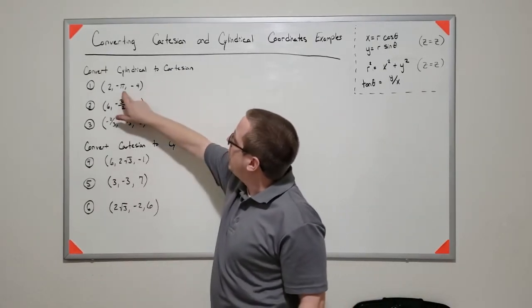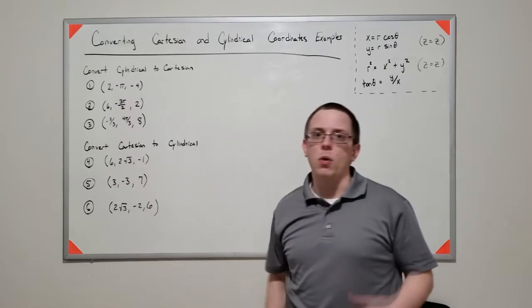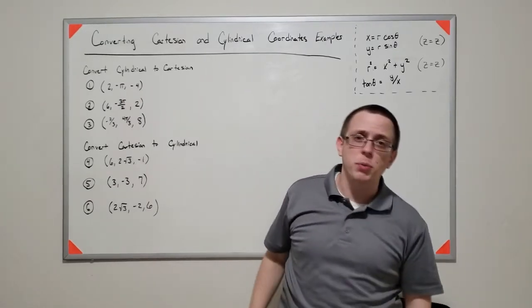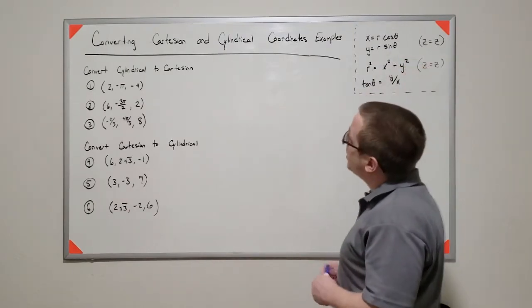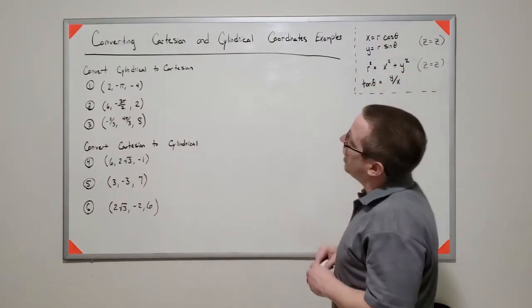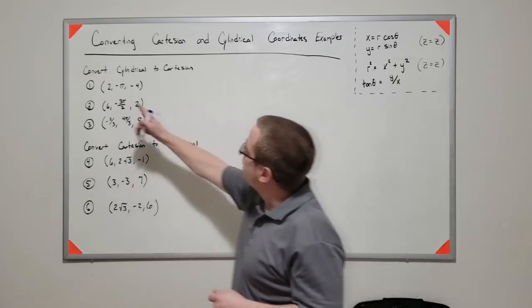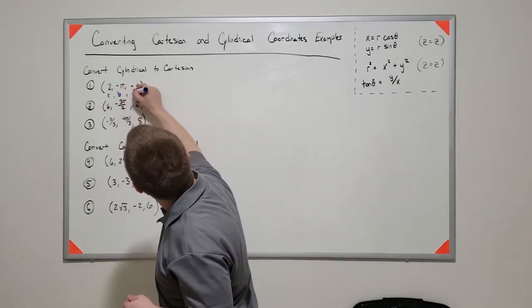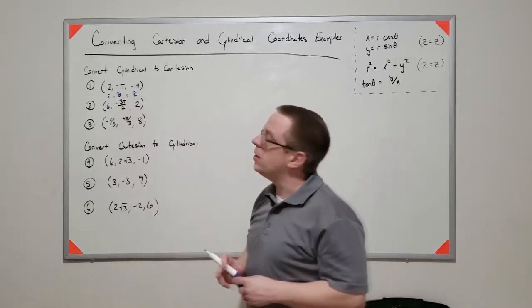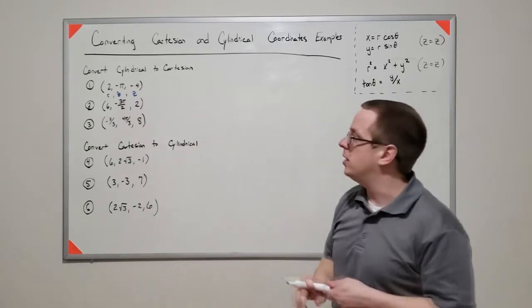We have 2, negative pi, and negative 4. And for these, it's pretty simple. You just plug it into the formula. So in this case, we have r and theta, and z. So we just need to recover x, y, and z.